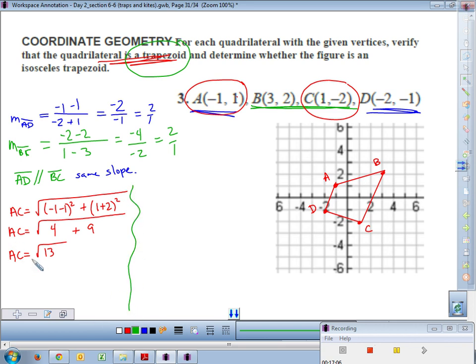There's one diagonal, square root of 13. Let's find the other diagonal, which is the distance from D to B. Let's do that in a new color.